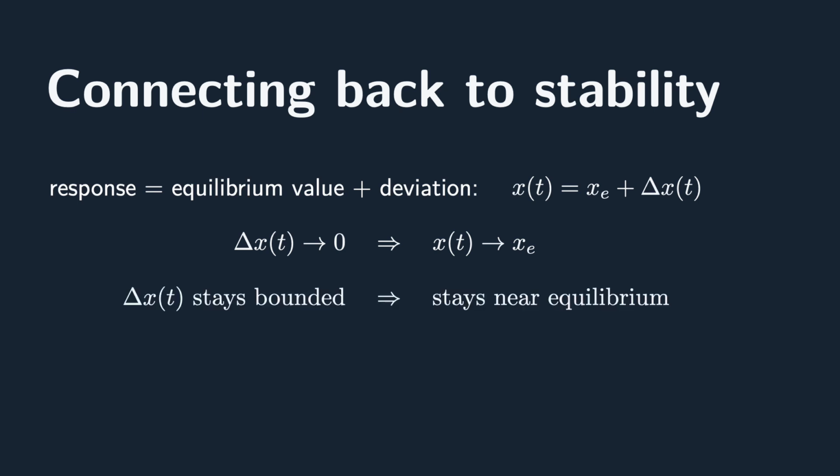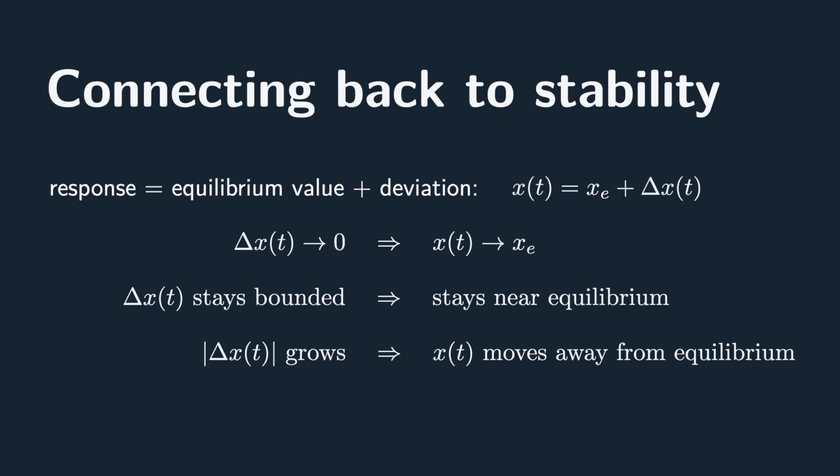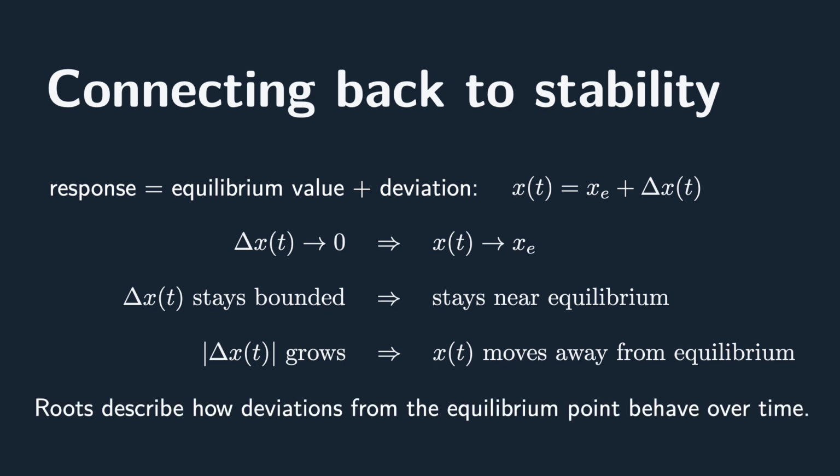If delta x of t remains bounded and does not go to 0, then the response stays near the equilibrium but does not settle. This corresponds to marginal stability. If the deviation grows in magnitude, then x of t moves away from the equilibrium. This corresponds to instability. So, when we use roots to discuss stability, we are asking how deviations from the equilibrium point behave over time.